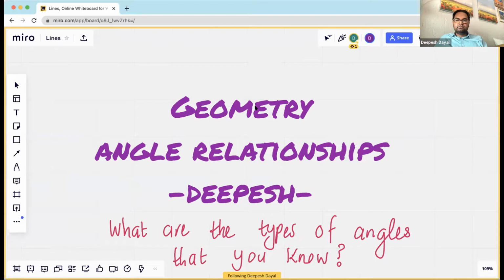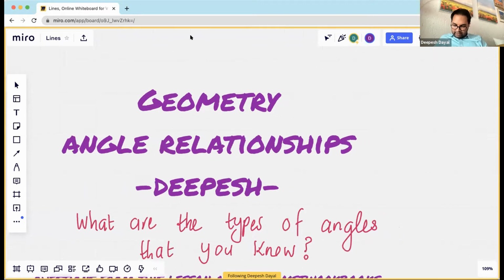So obtuse. Okay, obtuse. And then reflex, yes. And we've got 0 to 90 degrees is acute. Let's revise that and write it down.